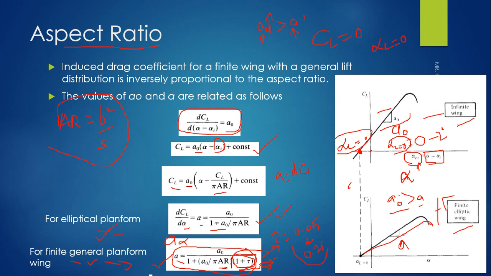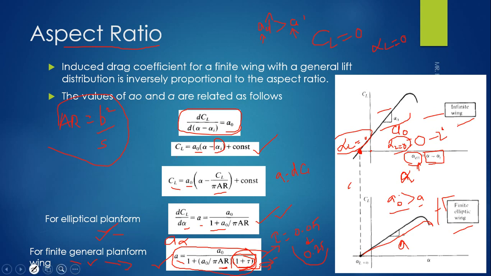Sir, what is the significance of the efficiency factor? Pi AR? No, sir, I mean, what does that e value indicate? So pi AR, you are talking about the induced drag, right?